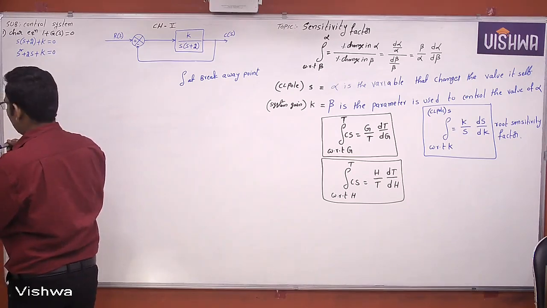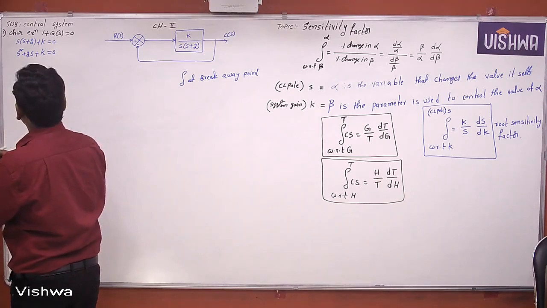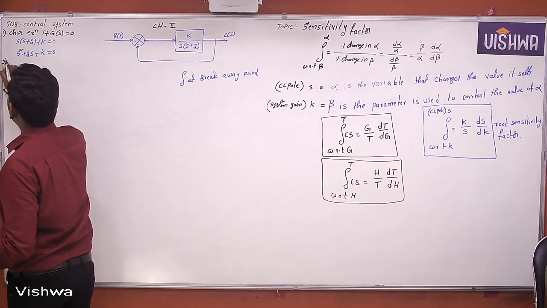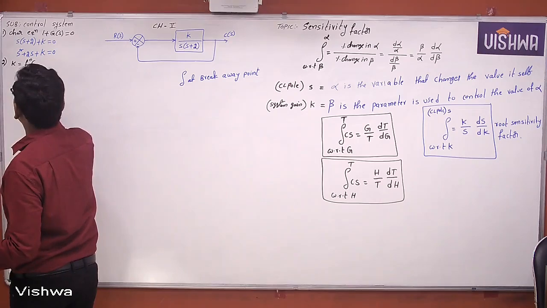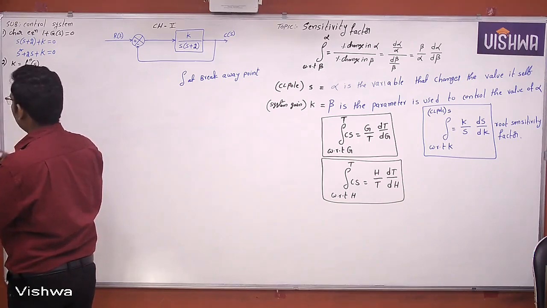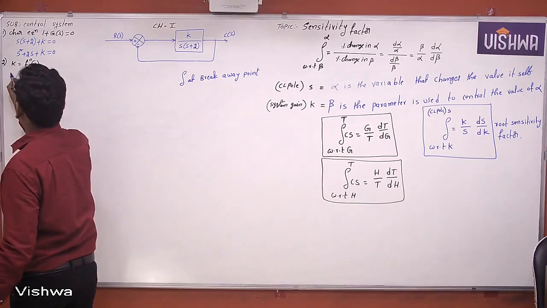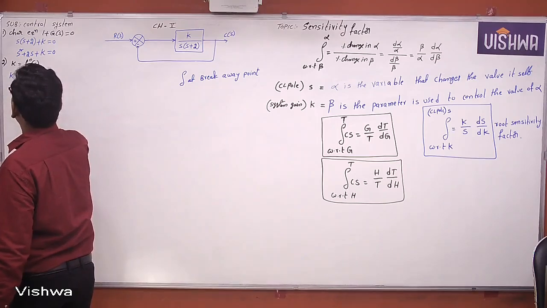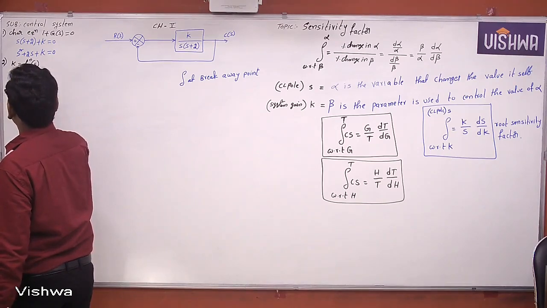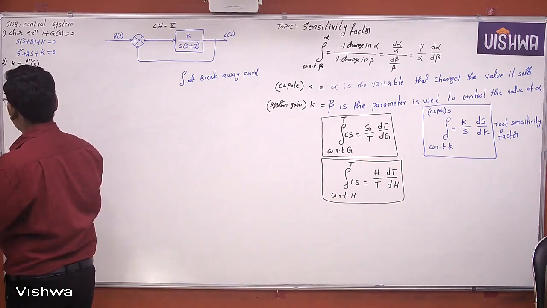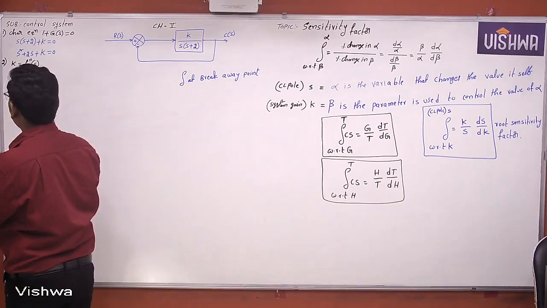This is the characteristic equation. Step 2: k as a function of s. k equals minus s square minus 2s, which is minus s into (s plus 2). This is system gain k.